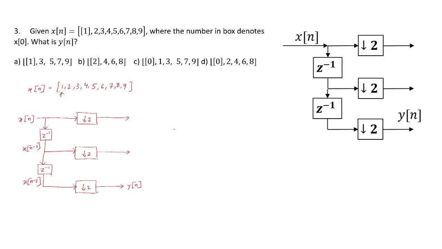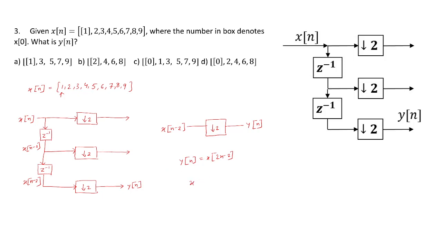So ultimately it turns out we are feeding x of n minus 2 to this downsampler block to obtain this output y. Basically y of n is x of 2n minus 2.